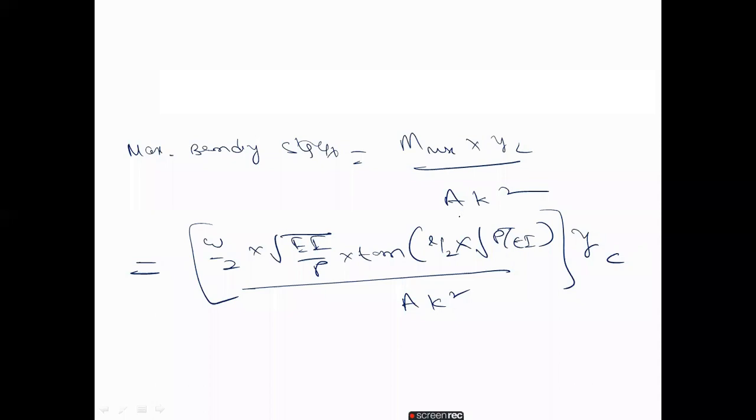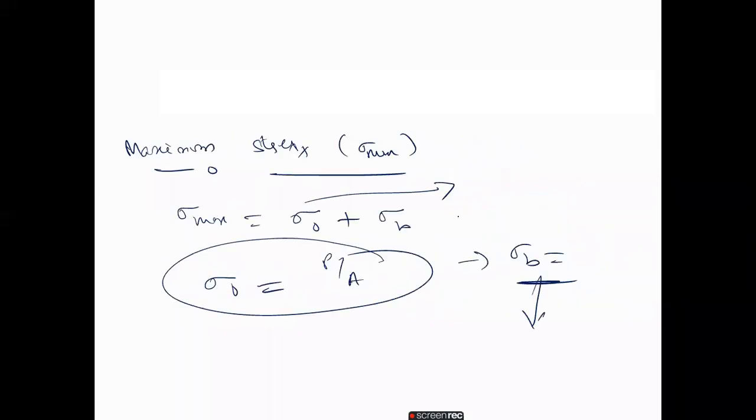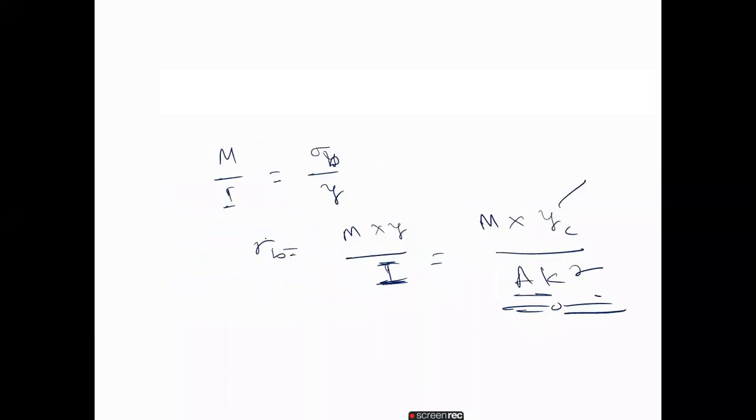Now we need the maximum stress induced, sigma max. We know sigma naught and sigma b; we just calculated sigma b. Substitute both sigma b and sigma naught: sigma max equals sigma naught plus sigma b, that is stress due to direct axial compressive load plus stress due to bending.